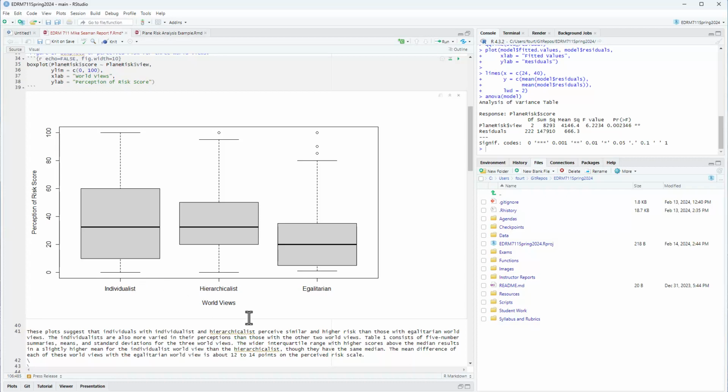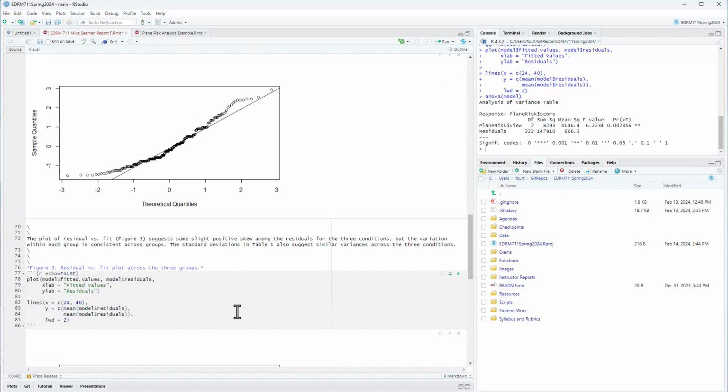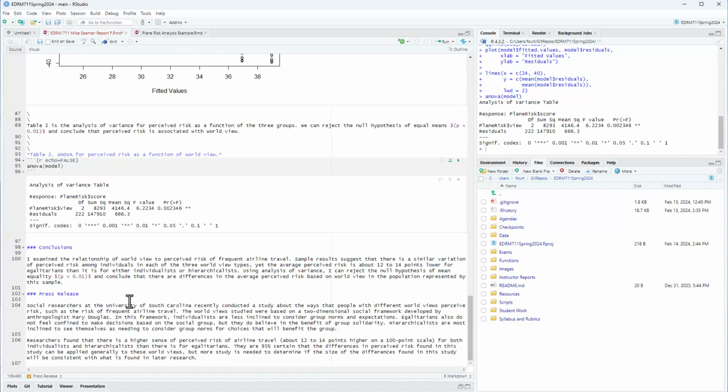And what about that small difference between individualist and hierarchicalist? Is that a difference that I can infer to the larger population? So we've made great headway up to this point, but more is still to come in order to complete our work in looking at modeling a quantitative response variable from a categorical variable.